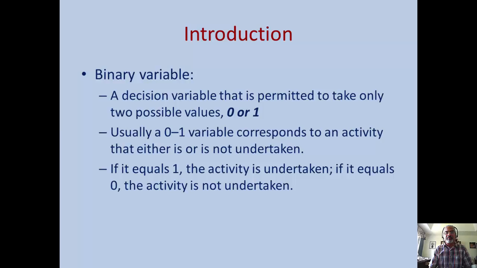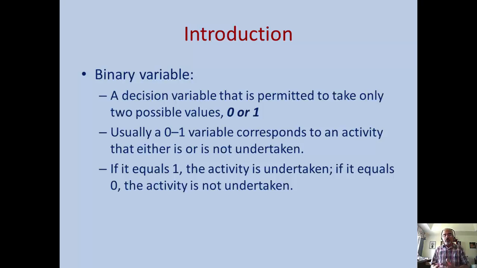Okay, let's look at some basics. A binary variable is one which is permitted to take either 0 or 1 as the possible value. So it cannot take any other value except 0 or 1. And so we can use this kind of variable to model whether a particular activity is chosen or not chosen, or performed or not performed.